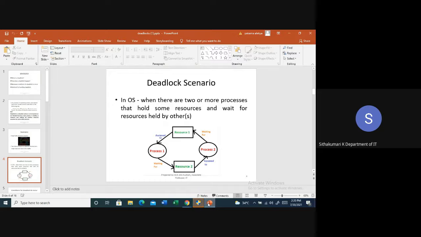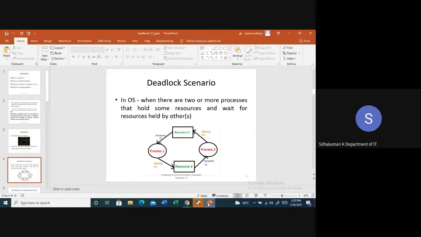So both students can never write the notes, because none of them is willing to release the resource held by them. Student one is waiting for student two to release the book, and student two is waiting for student one to release the pen.